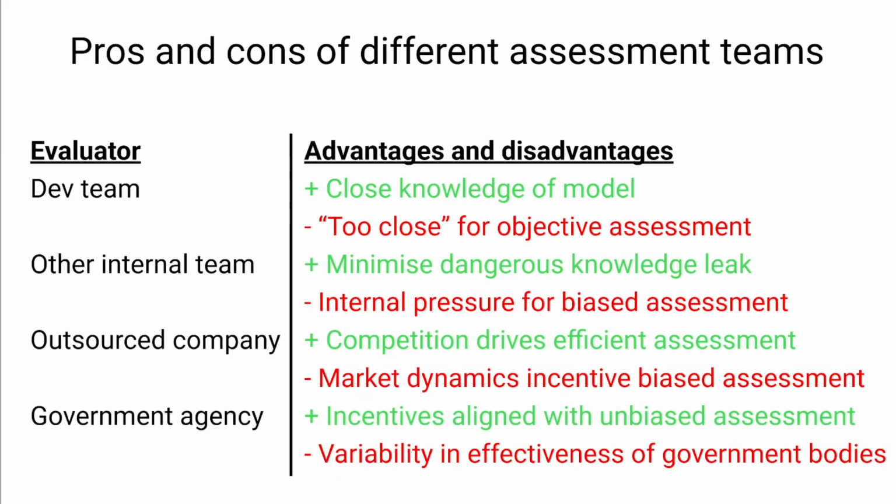So if I'm OpenAI and I want a company to assess my models and tell the general public that those models are safe for deployment, then I will be incentivized to pick a company that I know is going to be biased towards reaching that assessment in the first place. However, if you have to hire a company to perform evaluations on your model before you're allowed to deploy it, then there's competition towards efficient assessments.